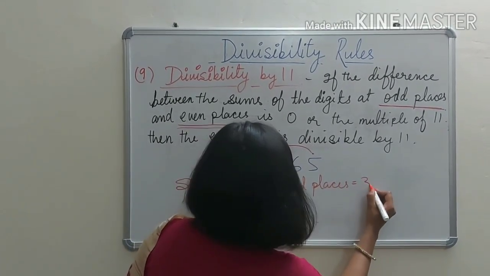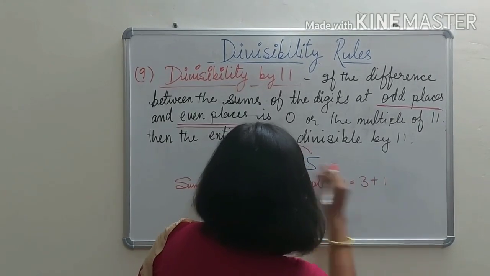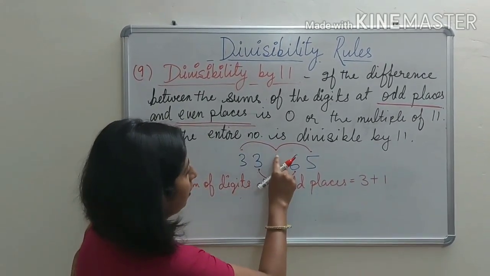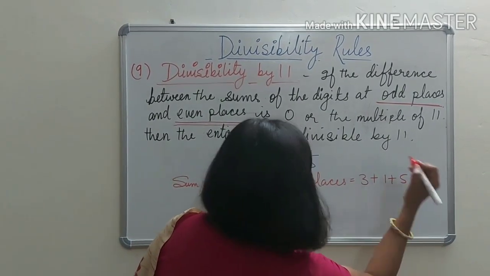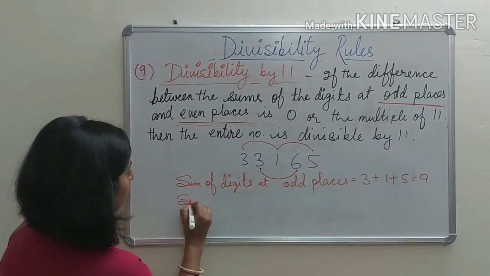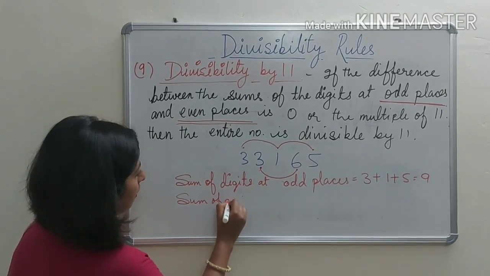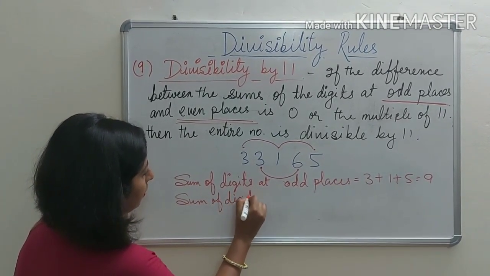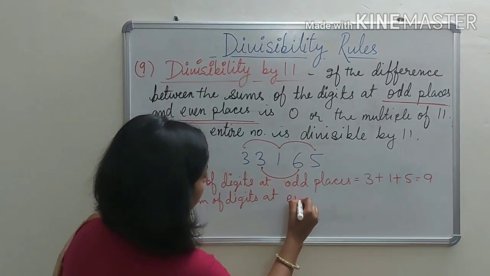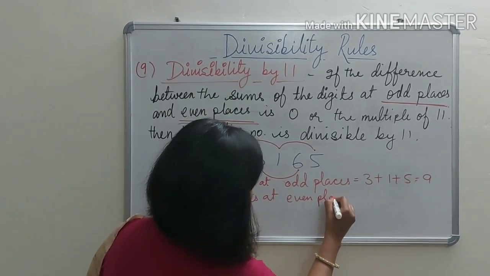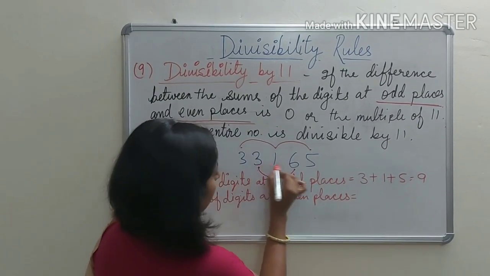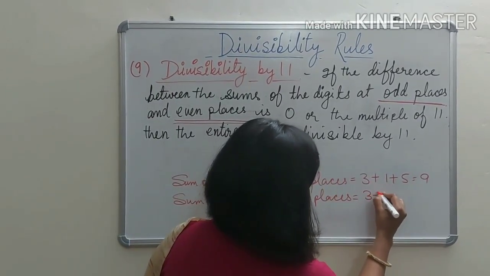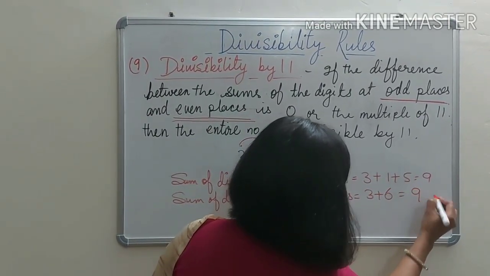It is 3 plus 1 plus 5. So it is 9. Now sum of digits at even places. It is 3 plus 6. It is also 9.